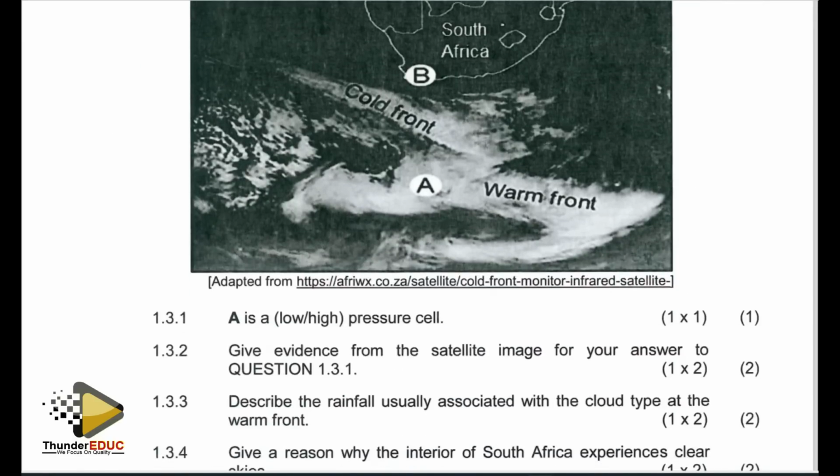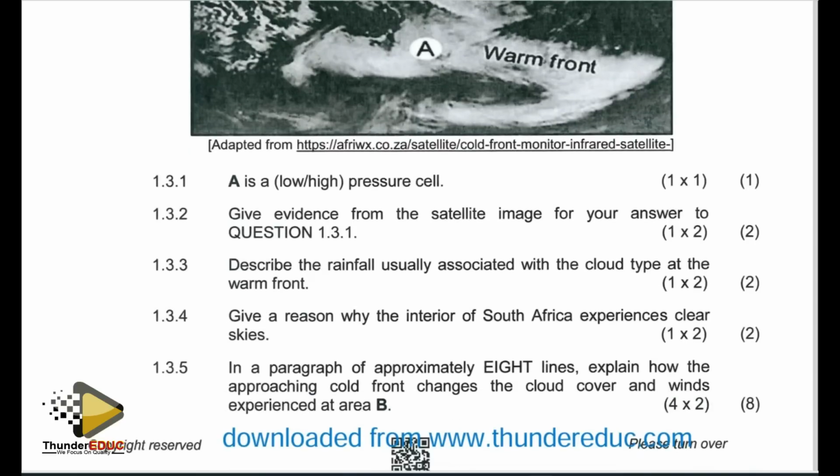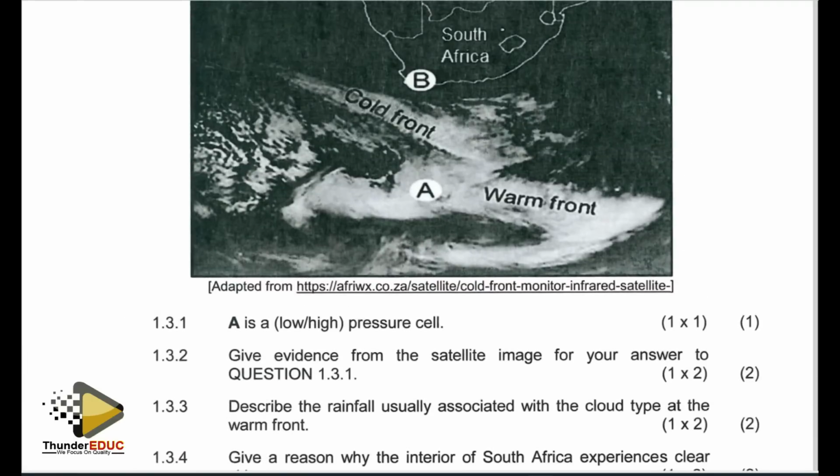The question is talking about point A here on the synoptic map. If we try to figure out this illustration of this satellite image, you tend to find that we have a cold front on this side here. If we check, there's a cold front which is on this side.